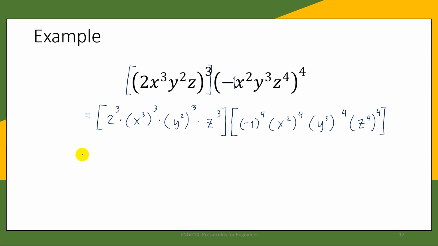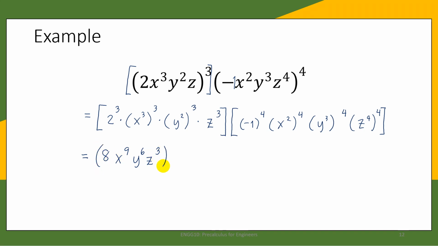To simplify this one, we need to evaluate each of these variables. 2 raised to 3 is 2 times 2 times 2, that's 8. X raised to 3 raised to 3 is x raised to 9 because we need to multiply the exponents together. Y raised to 2 raised to 3 is y raised to 6, and then z raised to 3.